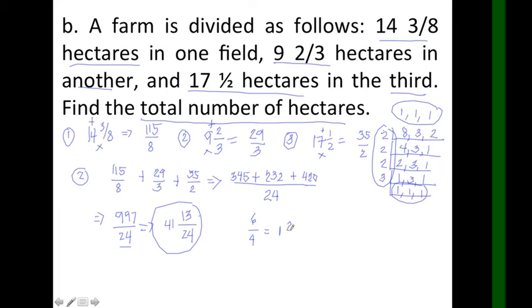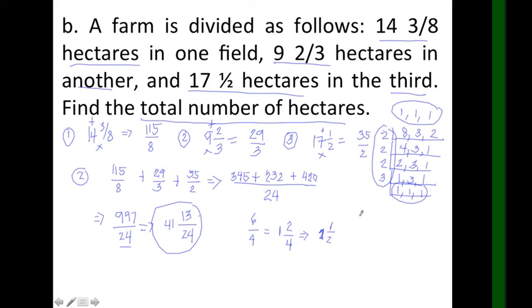Ibig sabihin, meron pang matitirang 2 doon sa 6 kapag dinivide ko yung 4. And then, kukunin ko naman yung denominator. Since ang 2/4 ay pwede pa namang makuha yung lowest term, so what is the lowest term for 2/4? And that is 1/2, no? So we have 1 and 1/2.